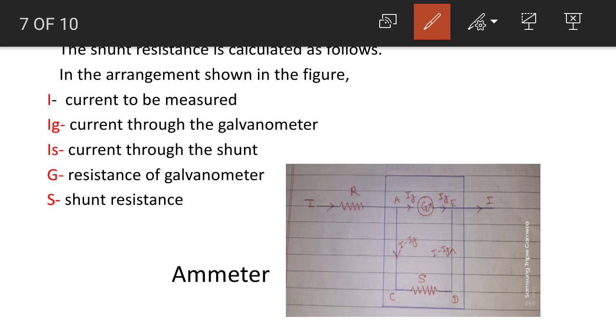So when a current I reaches the junction A, this is junction A, this is junction C, D and E. When the current I reaches the junction A, it divides into two components. Let Ig be the current passing through the galvanometer of resistance G through the path AGE.